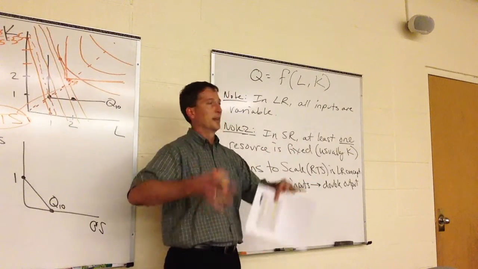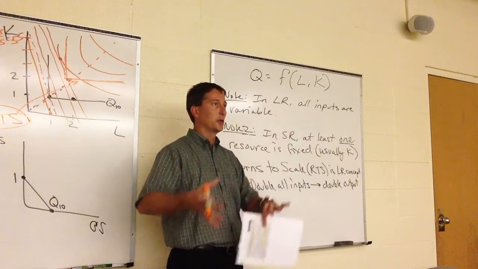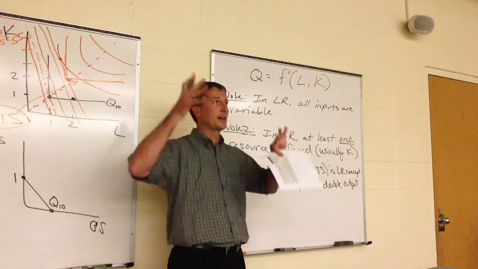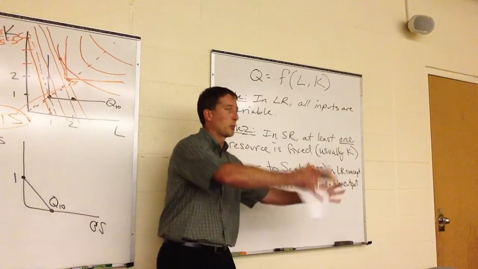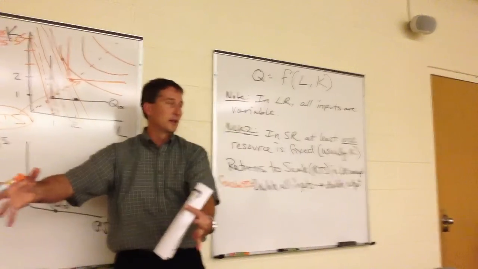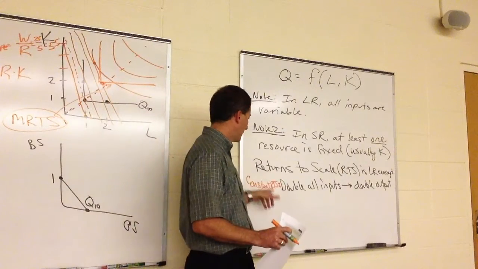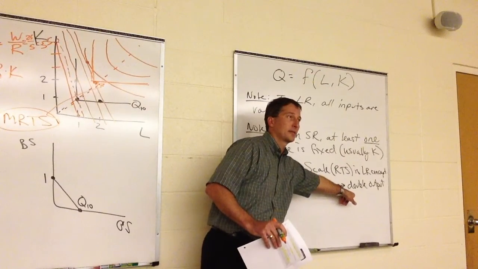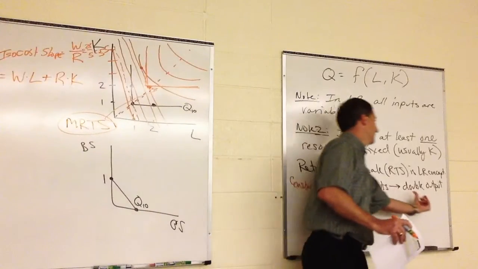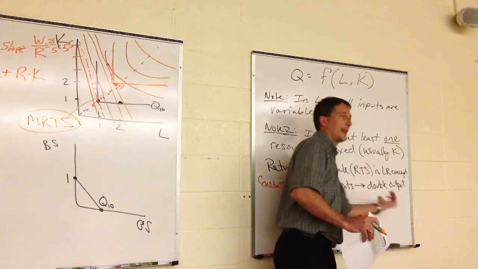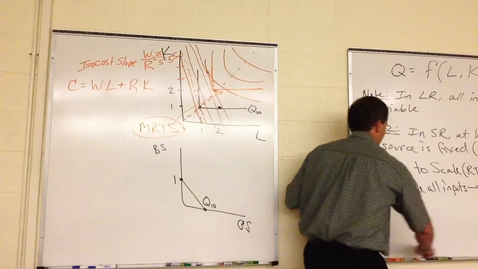New building, new fryers, new coolers, new hamburger patties, new buns, just double everything, right? Just make a replicated store. What is the amount of output that I can get out of the store? This says if you double everything, you double your output. That's not necessarily the case.